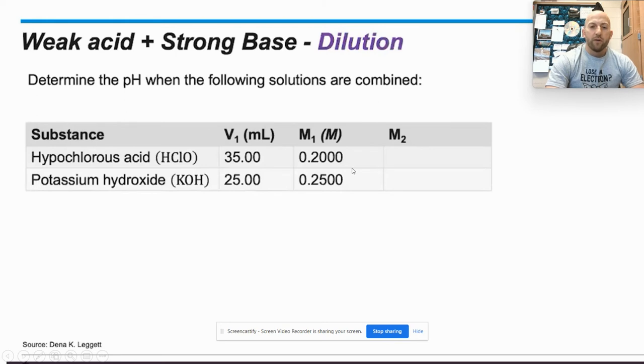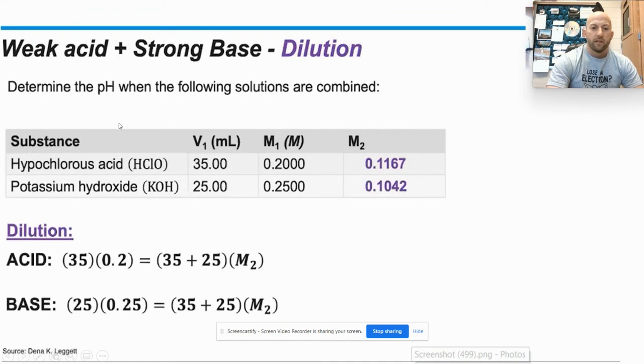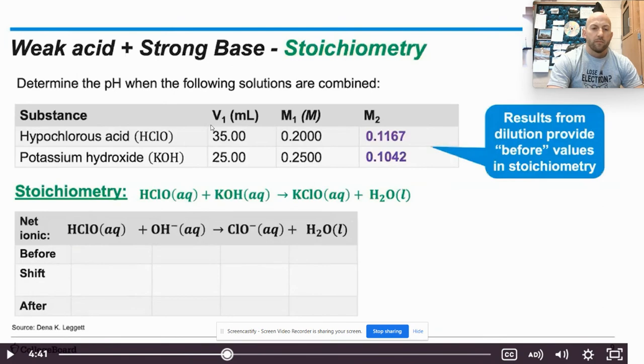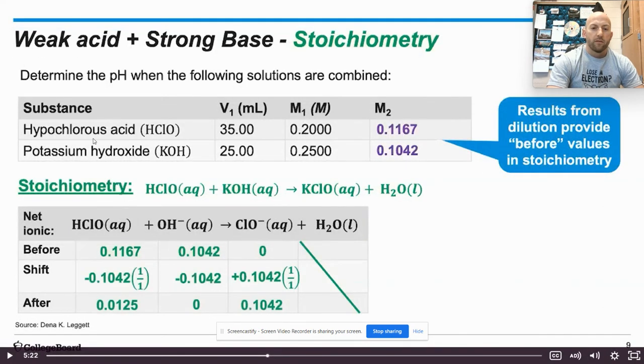Okay, so if you wanted to look at these again, this is something very similar. Now we're looking at the pH when both substances are combined, and we have our hypochlorite ion. Hypochlorous acid is going to be this one.